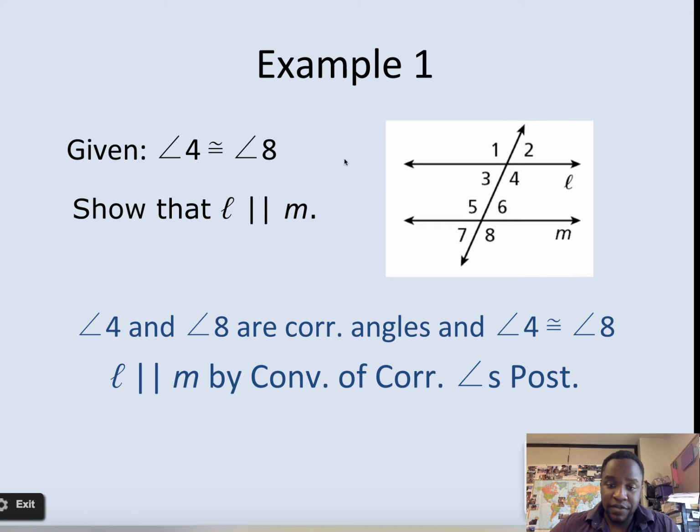So by the definition of corresponding angles, and since it's given to us, we can conclude that line L and line M are parallel to each other because of the converse of the corresponding angles postulate.